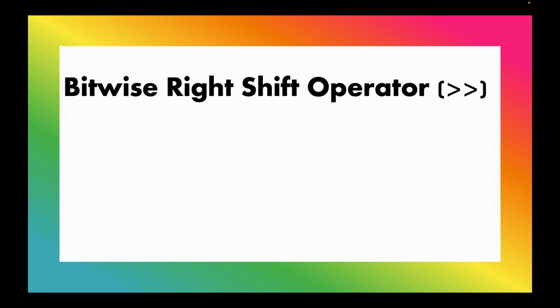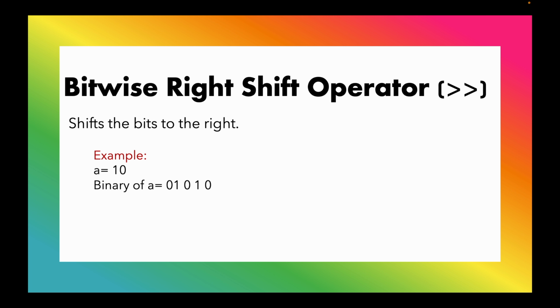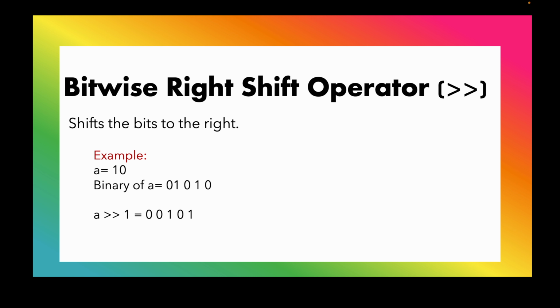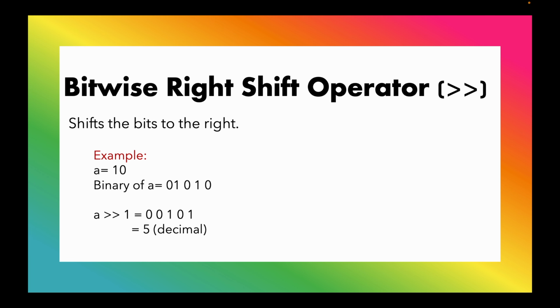Next is the bitwise right shift operator, and it shifts the bits to the right. Let's see the example. A equals 10 and binary of a equals 1010. Here I have added 0 because it represents the sign bit, which represents the positive value. And if we shift a by 1 bit, then our value will be 00101, and this is equivalent to the decimal value of 5.